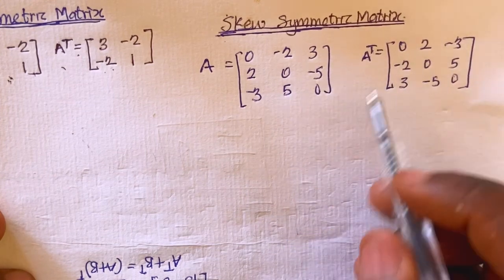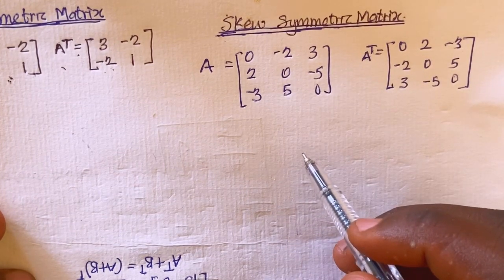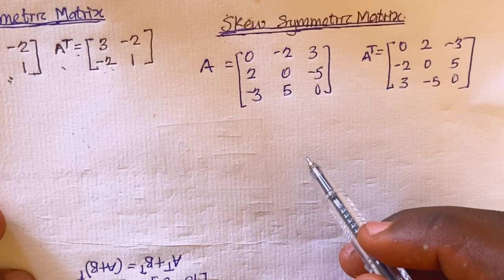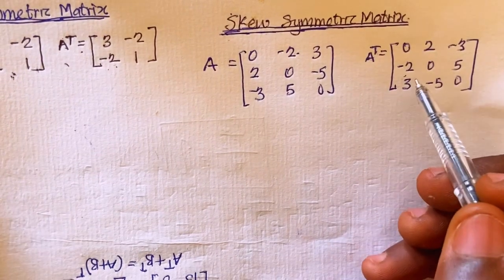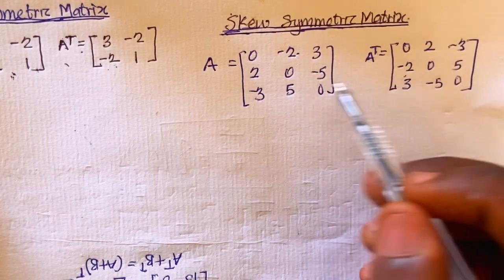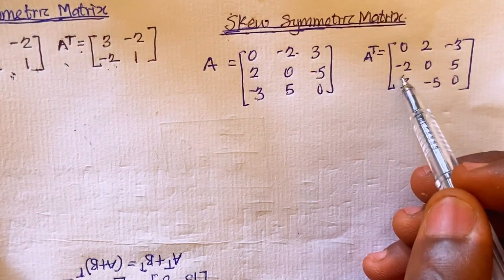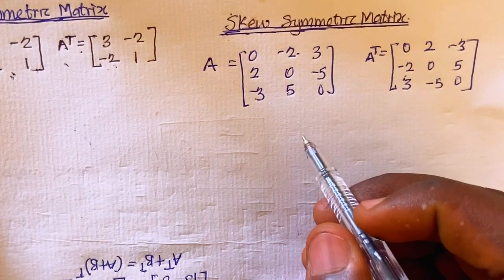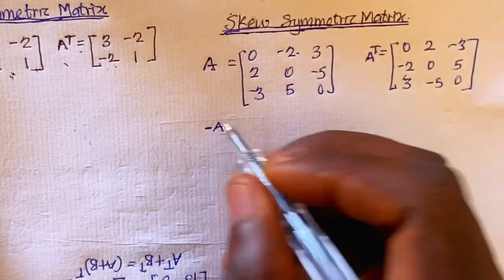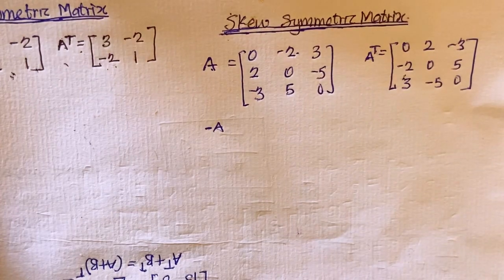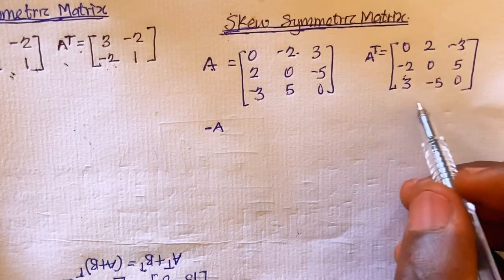Is there any difference here? Yes, there is a difference, but the difference is based on the sign. So what we are going to do is multiply our A by negative, because the sign that indicates the difference here is the negative sign.